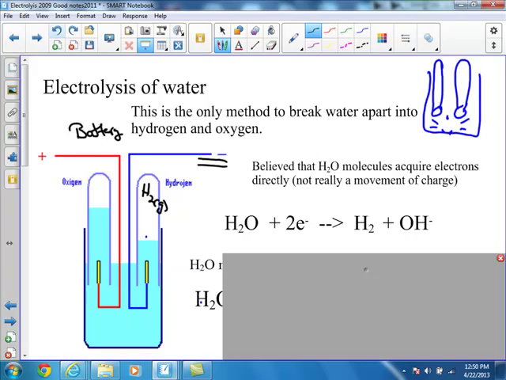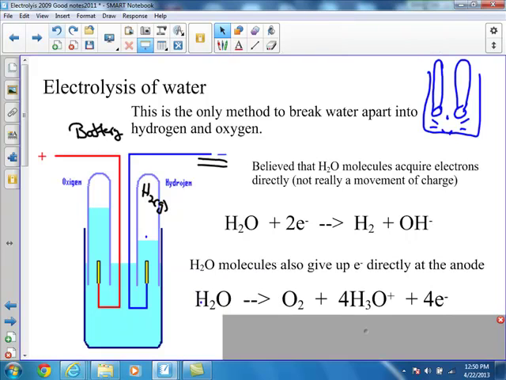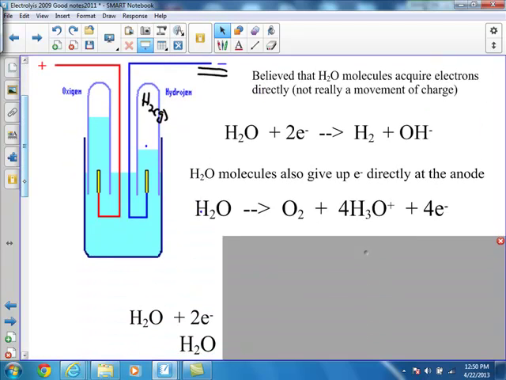The other one's OH minus. And at the other side, it is also believed that water molecules give up the electrons directly at the anode.